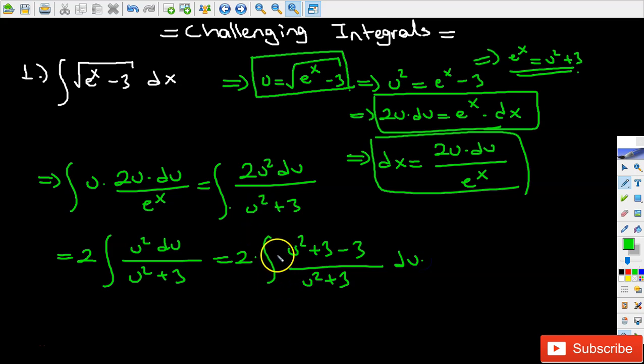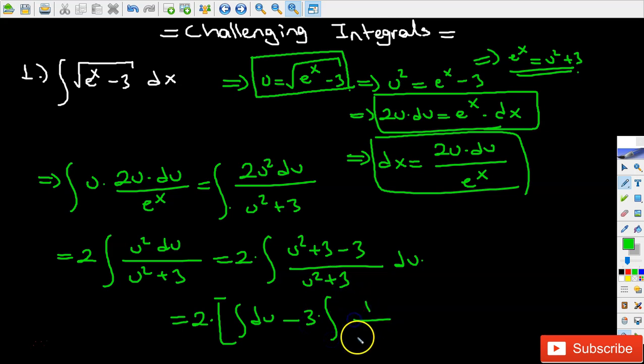Now I can break this integral into two smaller integrals. So we get 2 times, open parentheses, u squared plus 3 divided by u squared plus 3 gives 1, so the integral of just du, and minus 3 times the integral of 1 over u squared plus 3 du.